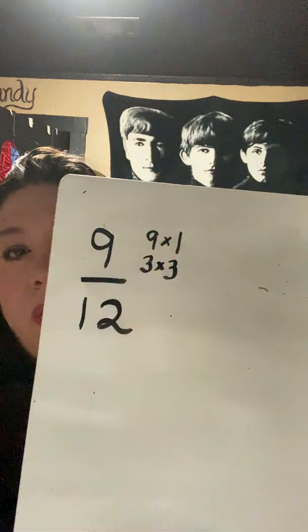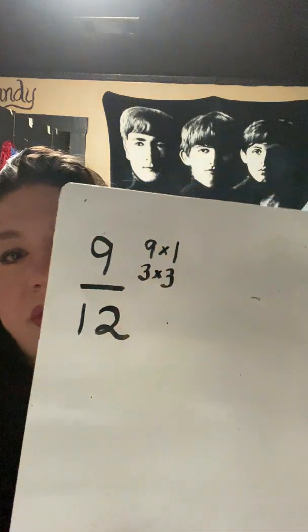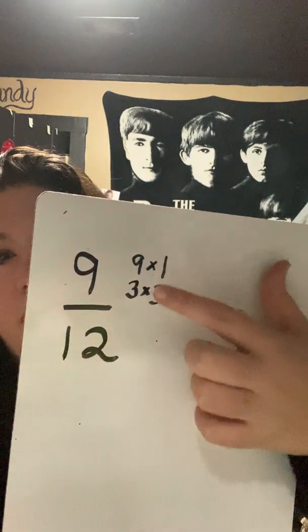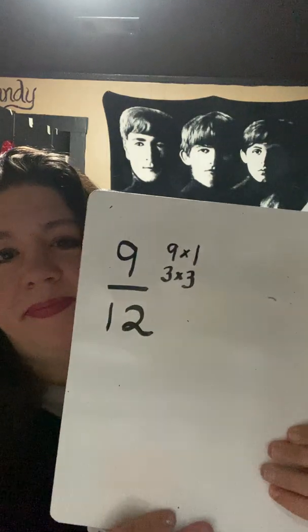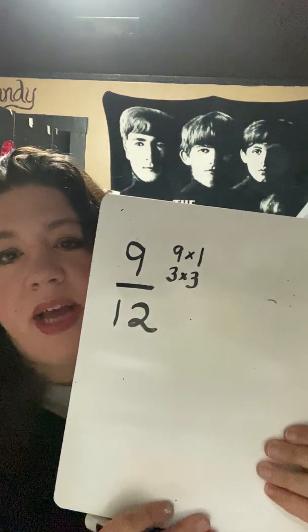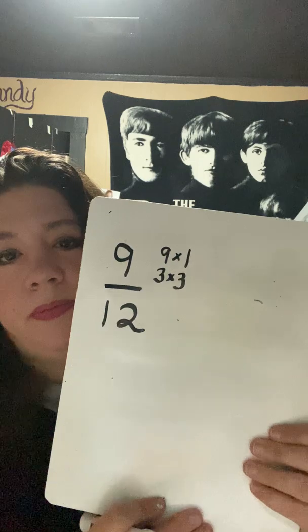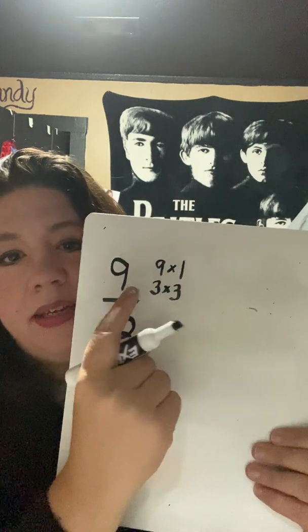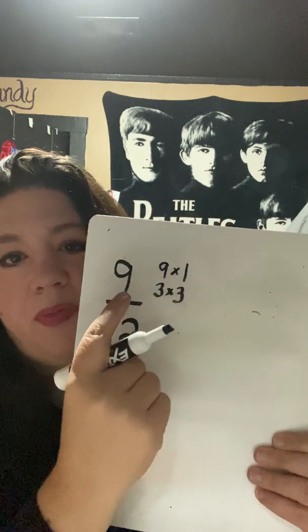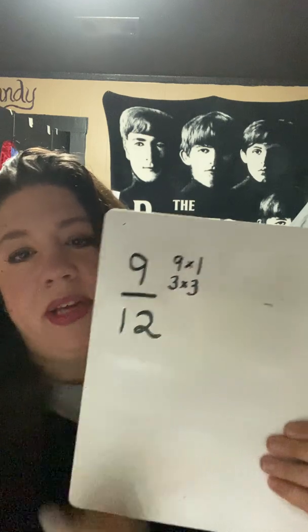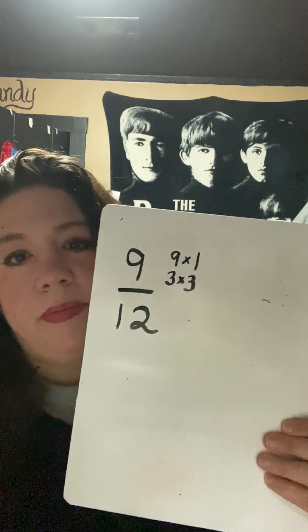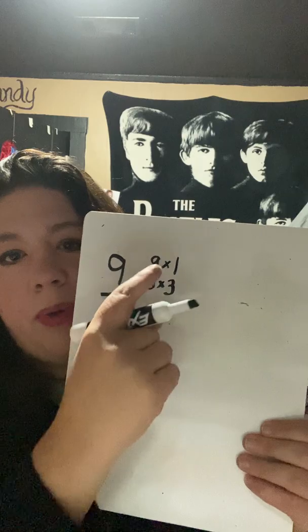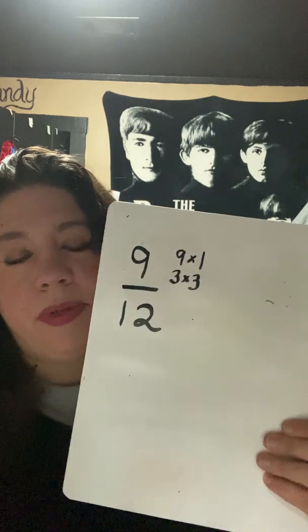So those are all the factors: 1, 3, and 9. All those numbers will go into 9 evenly. 1 will go into 9 9 times, 9 will go into 9 1 time, 3 will go into 9 3 times.